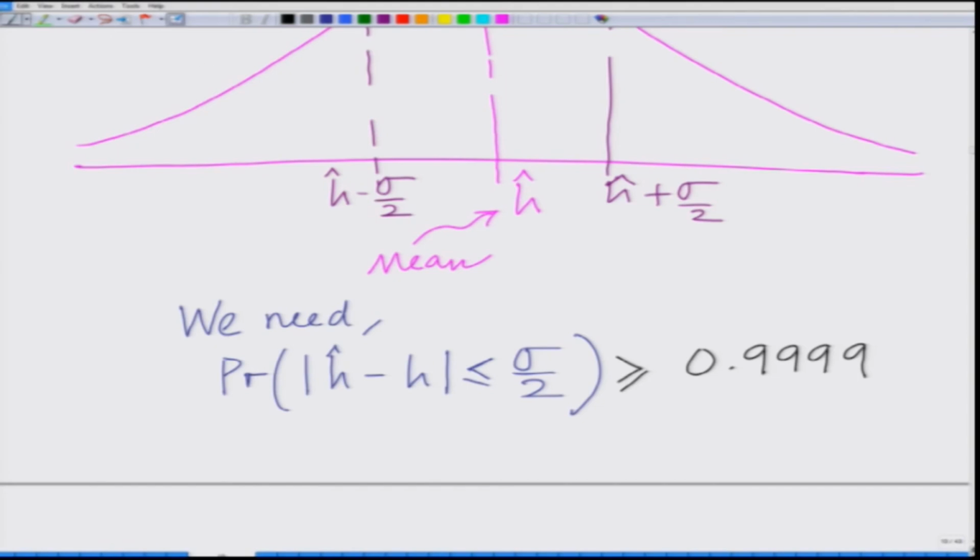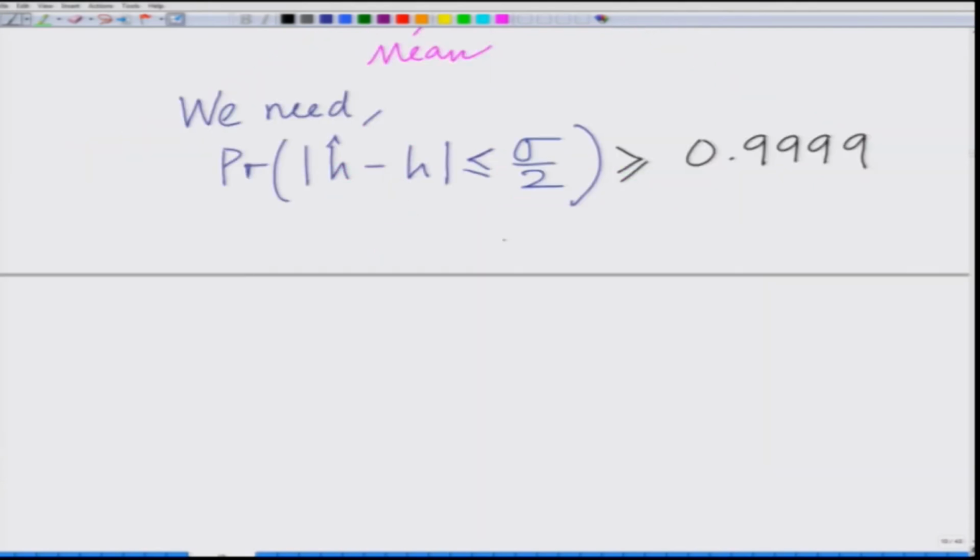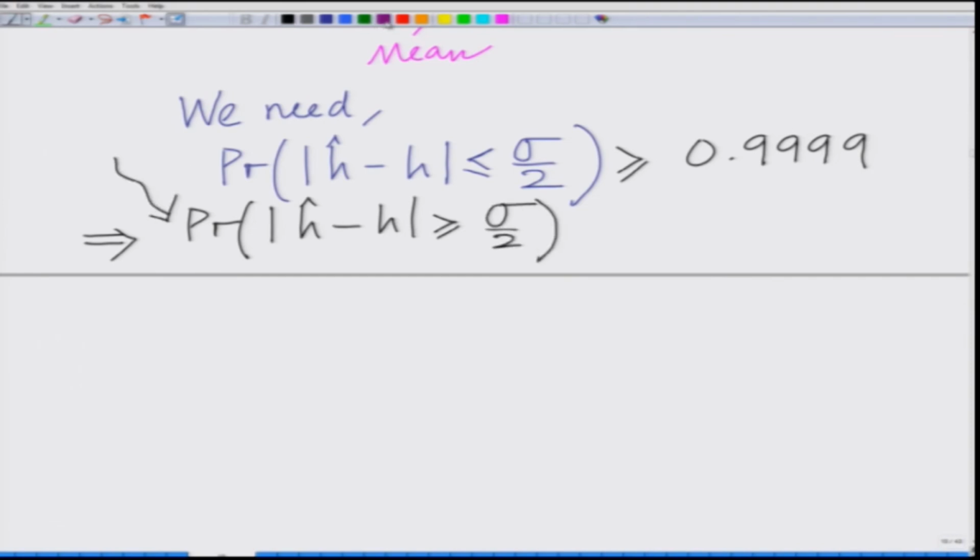Now this implies that the probability that h lies outside the sigma by 2 ball, that is, the probability that magnitude h hat minus h is greater than or equal to sigma by 2, can be characterized.